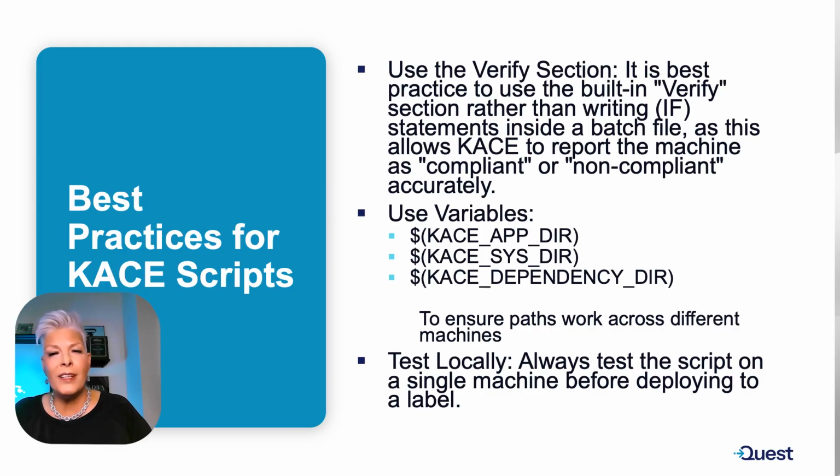And please, always test on a single machine before deploying it to the label. In fact, I just had a customer tell me somewhat of a horror story where one of the admins made a change to a script without telling anyone, and that script was targeting all of their devices. And it became a nightmare for the other admins to try to figure out or troubleshoot what went wrong.